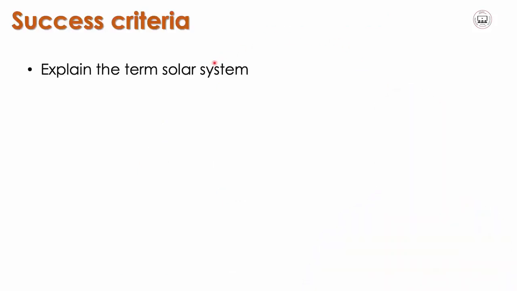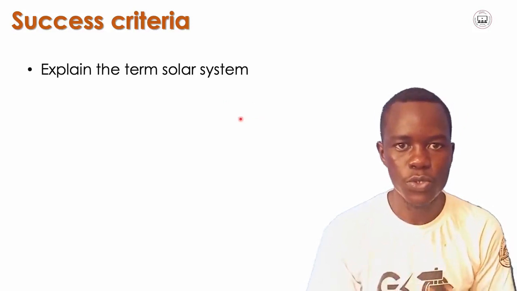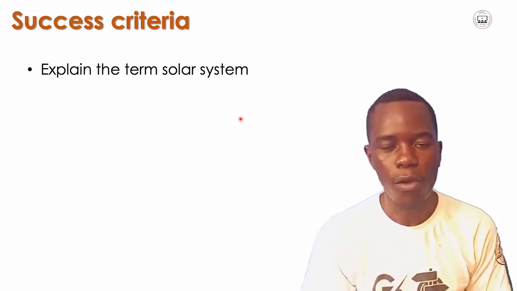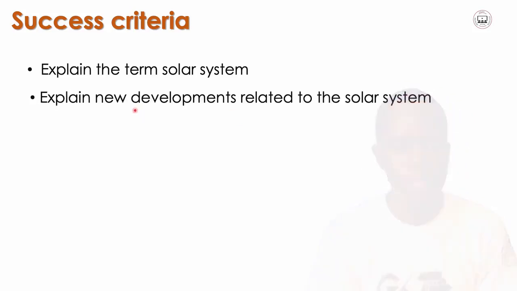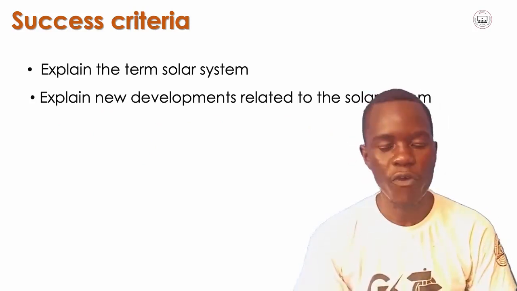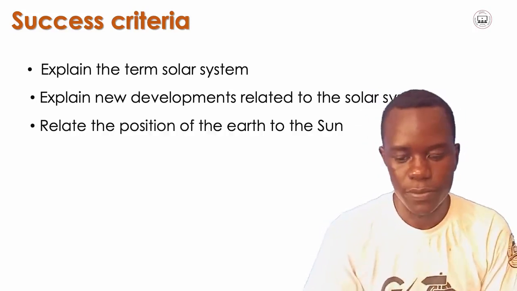The first thing you are going to look into is to explain the term solar system, so you will know the meaning of the solar system. The second is to explain new developments related to the solar system.